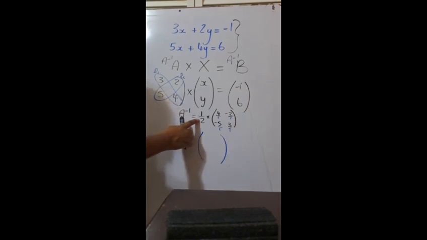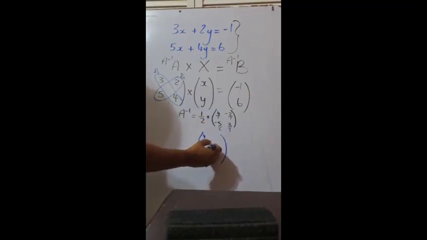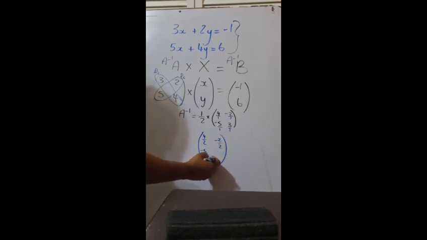When you have a scalar quantity, one single number multiplying your matrix, it multiplies every element inside. So the first one is 4/2. The second one is -2/2. The next one is -5/2. And the next one is 3/2.